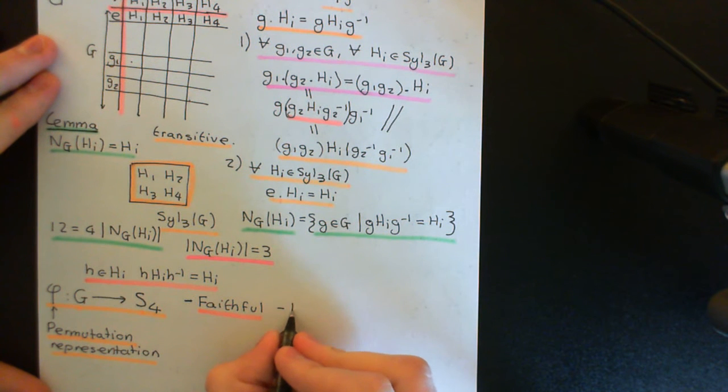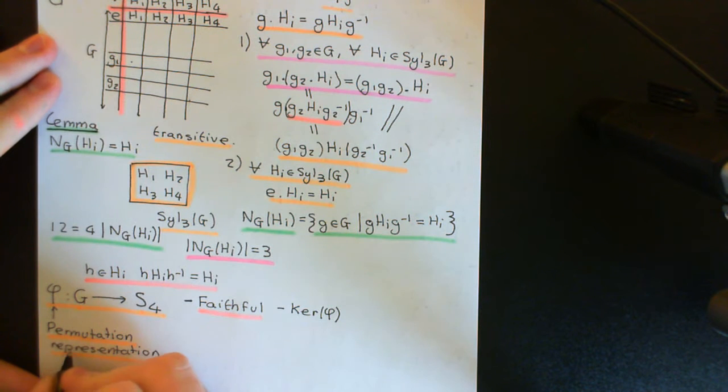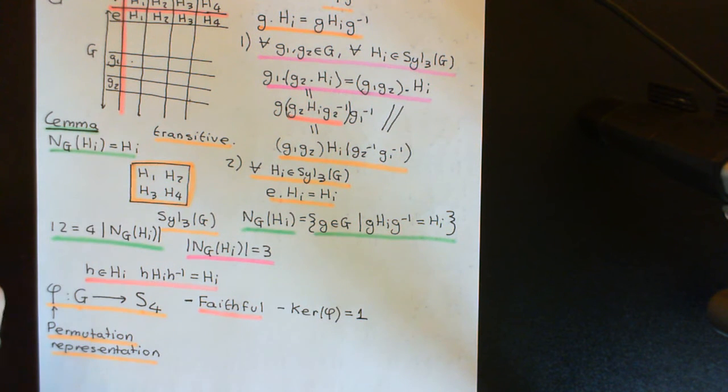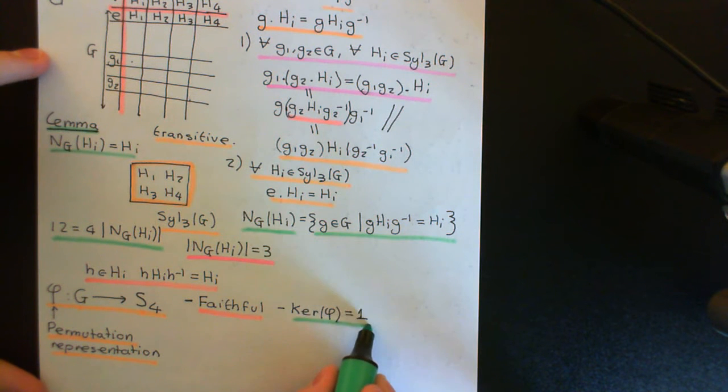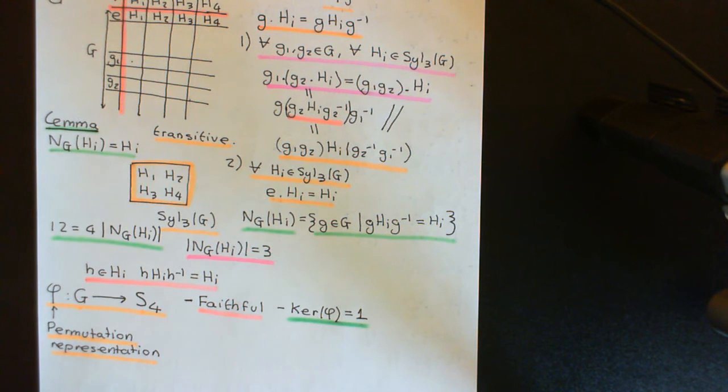Well, what we need to prove is that the kernel of the group action, which is just the kernel of the permutation representation here, this group homomorphism, is just equal to the trivial subgroup, i.e. only contains the identity element. Now, how am I going to do that? How can I prove that for this group action, the kernel of it is just the trivial element?